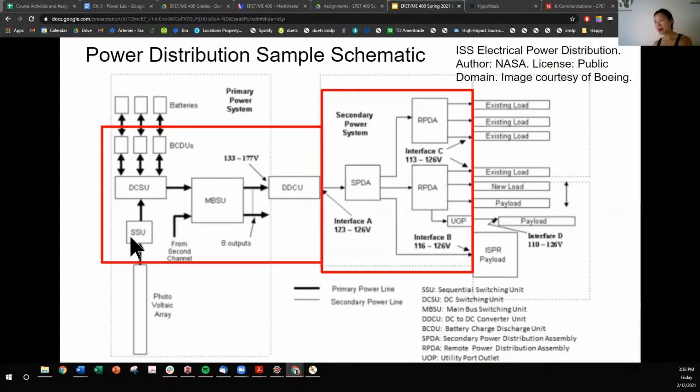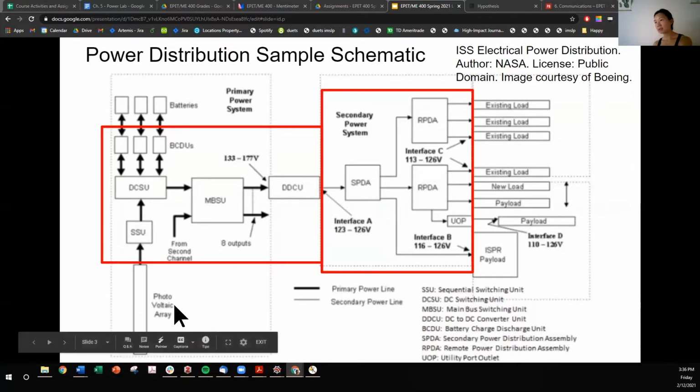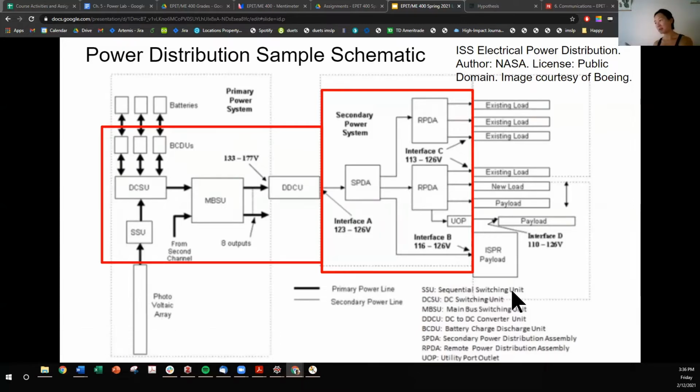Let's look at this. So SSU, which is between the power generation and the DC switching unit. SSU is a sequential switching unit. I'm not an electrical engineer, but a switching unit toggles between different levels of voltage between 0 and whatever maximum voltage.